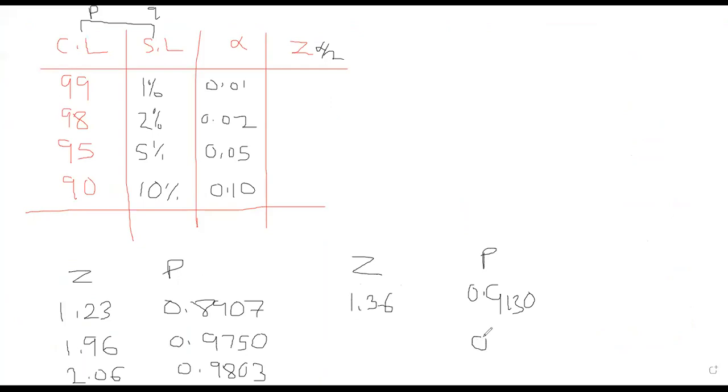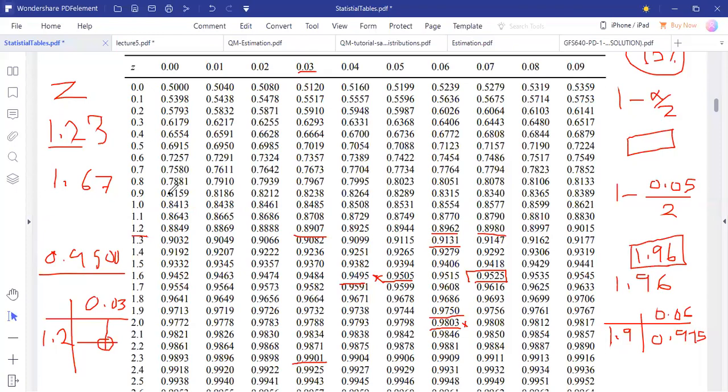Okay. How about 0.9500? It is 1.65. How about if someone says 1.64?